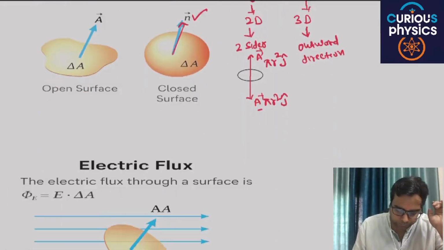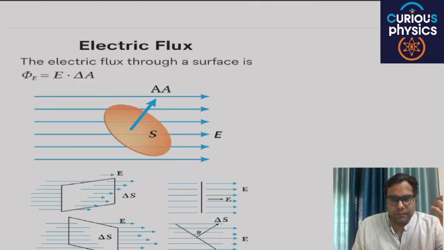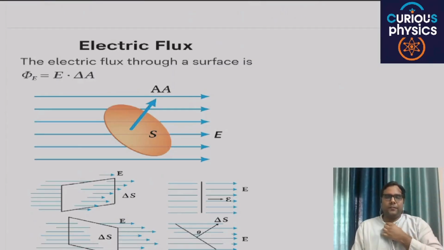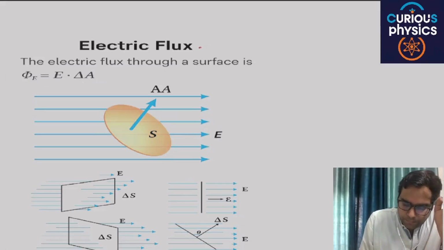Next, another way to understand the electric field is the concept of electric flux. Electric flux is basically the number of electric field lines passing through an area.